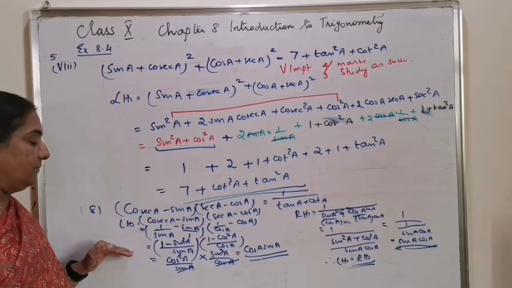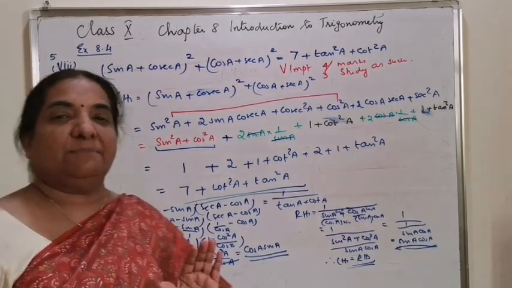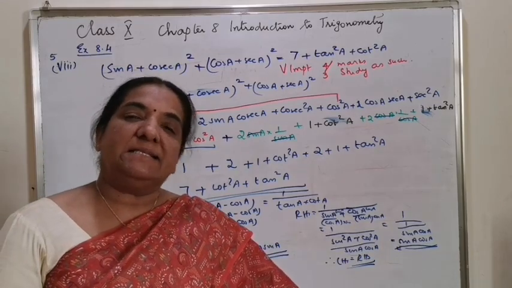This is another example of proving the identity by proving LHS and RHS separately.